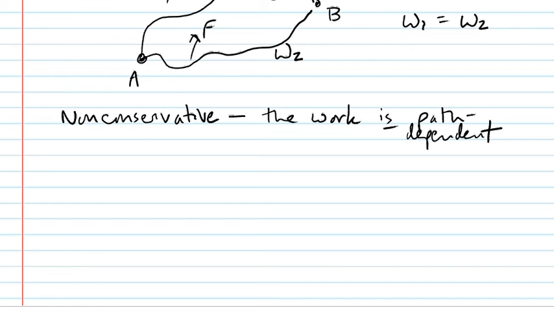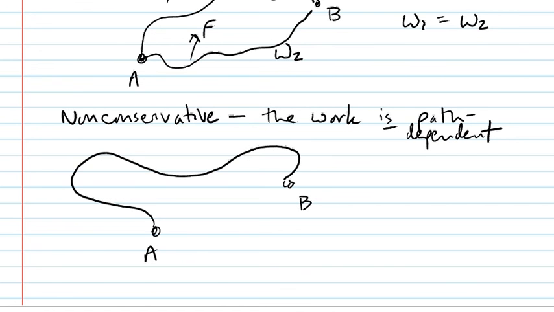If the object takes the long route from A to B, a lot of heat is generated, and that shows that the work that's done along that path will be one value. But if the object goes pretty directly from A to B, the amount of heat generated, in essence, is going to be very different, and W1 is not going to equal W2.